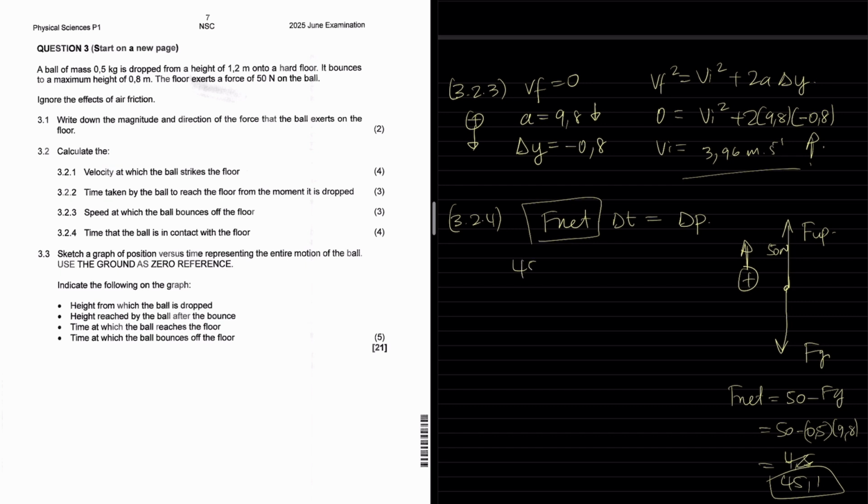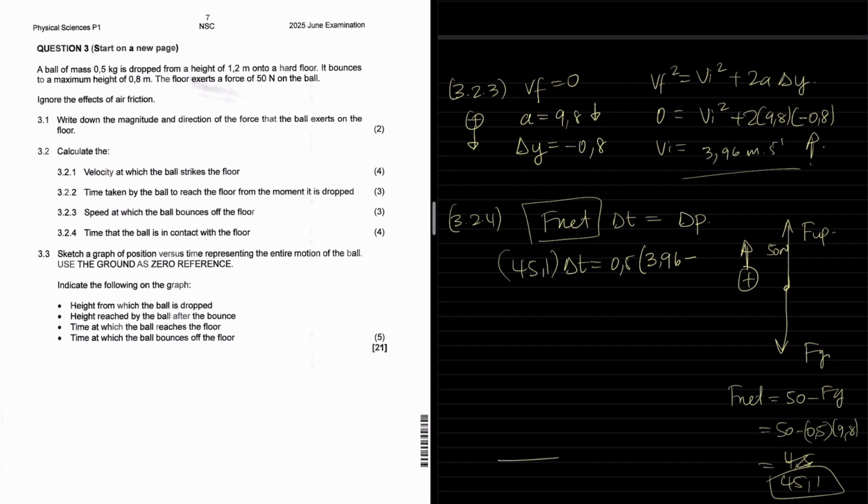So F net is going to be 45.1 times delta t, and that's equal to delta p. Well, delta p is the mass times the final velocity, well, we know that it rebounds off the ground with 3.96, and we chose up as positive, so it's positive 3.96, and then minus the velocity that it hit the ground with.